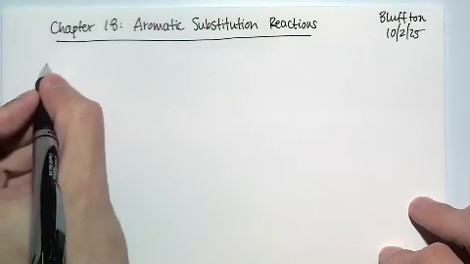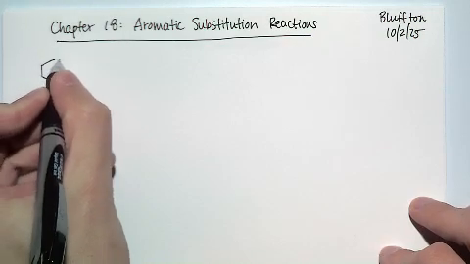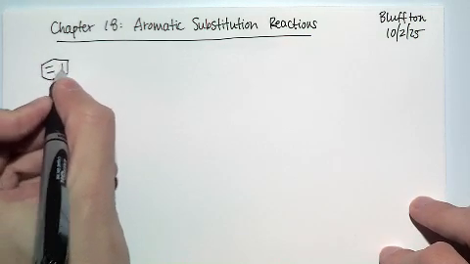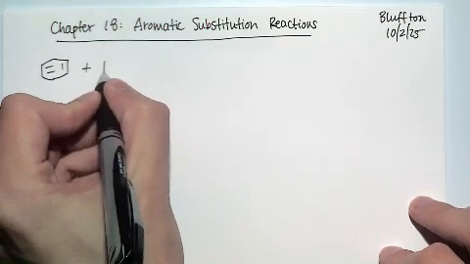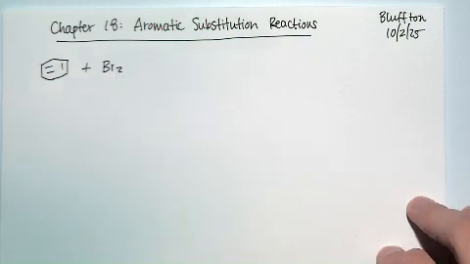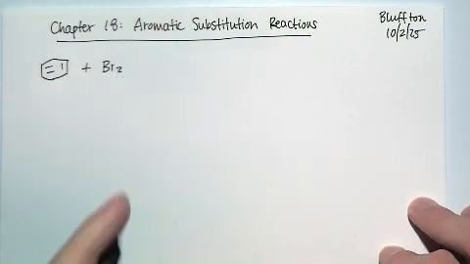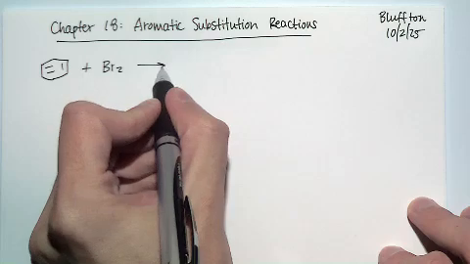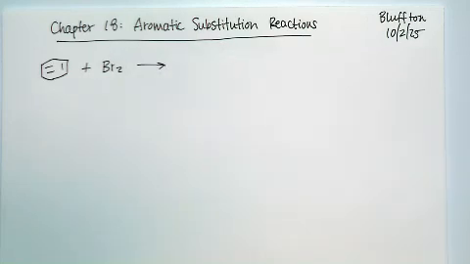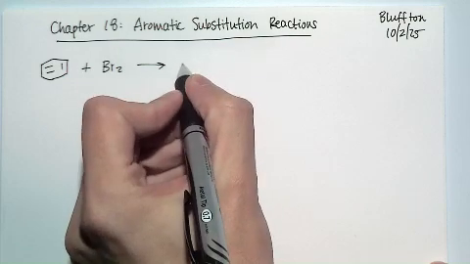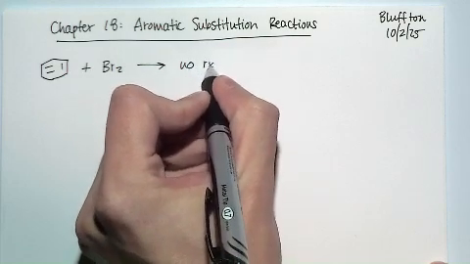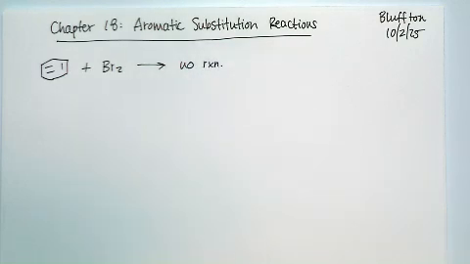So you might remember from previous chemistry that if you take benzene and try to react it with elemental bromine, you might think, okay, usually when we add bromine to compounds that have a double bond, we do an addition reaction. But that's not going to occur in this case. So if we just do this as it's written here, we're going to get no reaction.